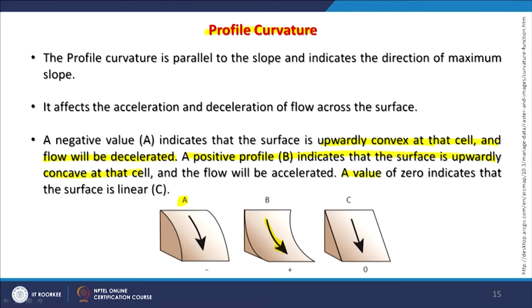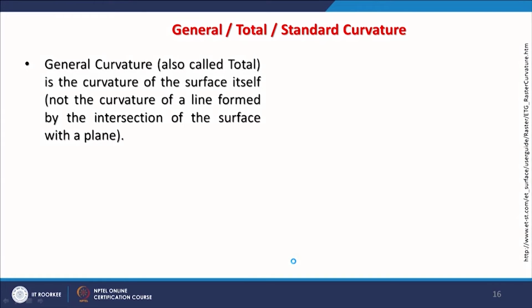And of course, when the value is 0, the surface is linear, and this example is C, a straight line as shown here. So, this is negative, this is positive, this is 0. Negative means the flow conditions will decelerate, whereas positive will accelerate the flow conditions.